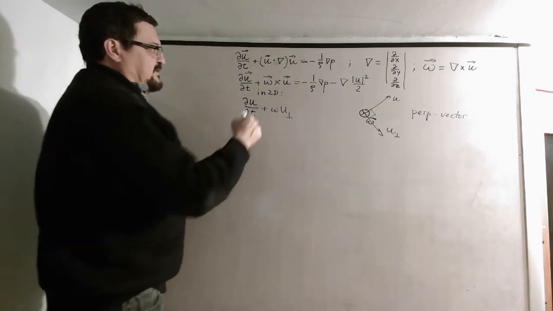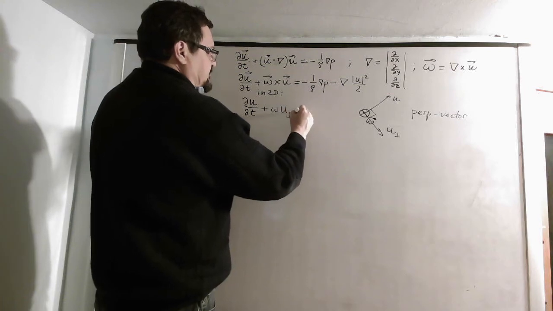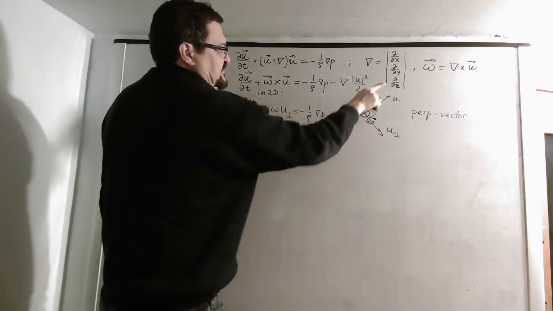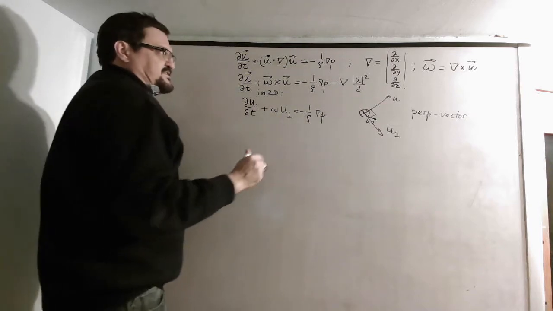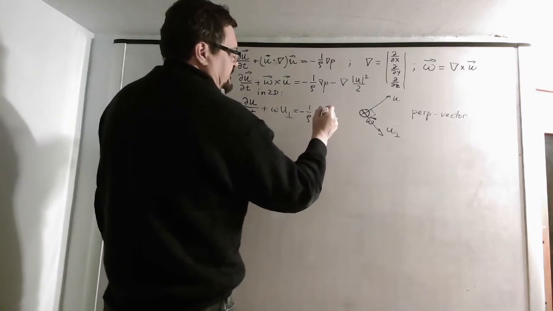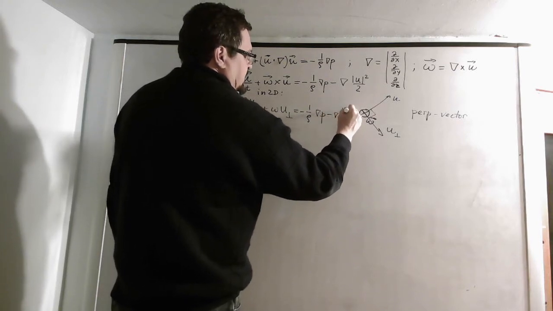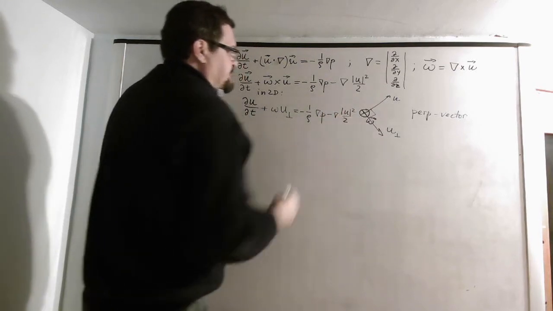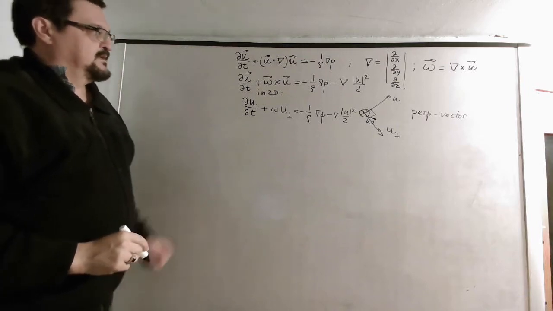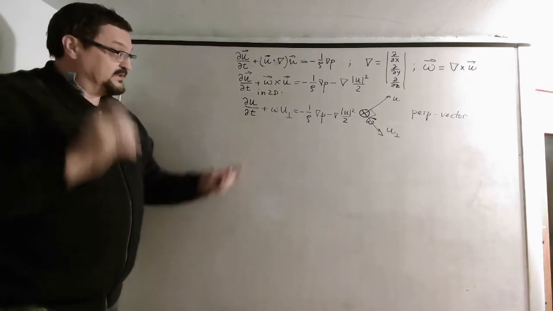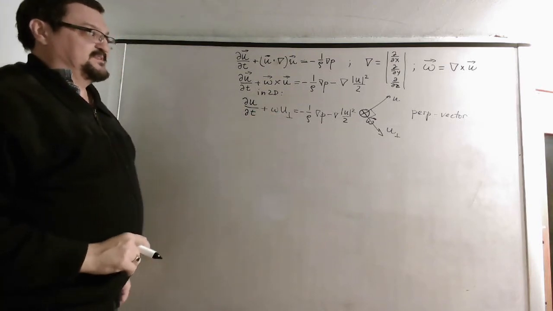Okay, so it's like that, and equals minus 1 over rho gradient p. This gradient p is just the gradient along this direction of your velocity, minus gradient of u squared over 2. Of course we need to know this perp vector, right?